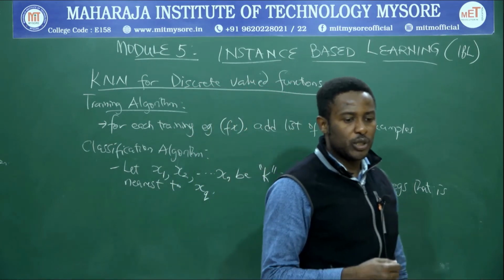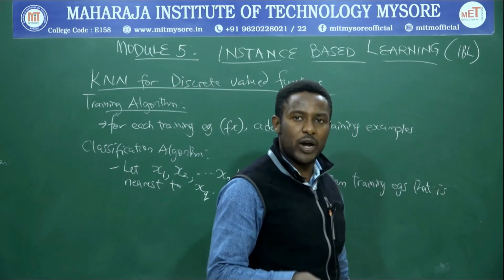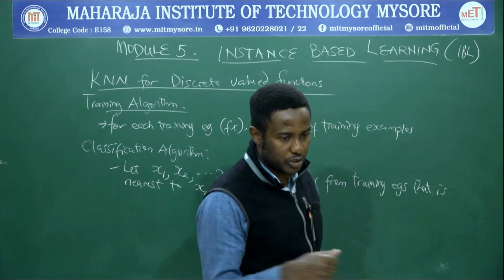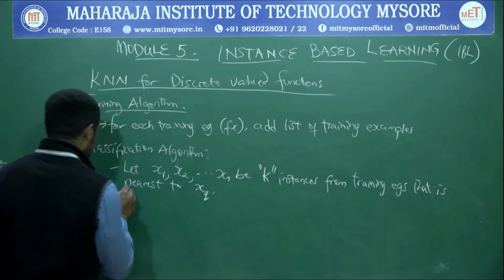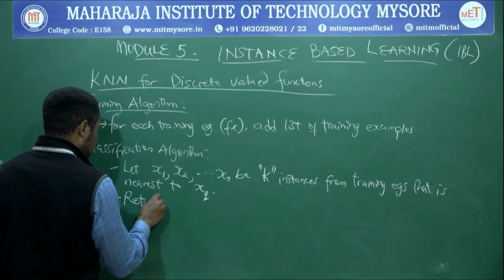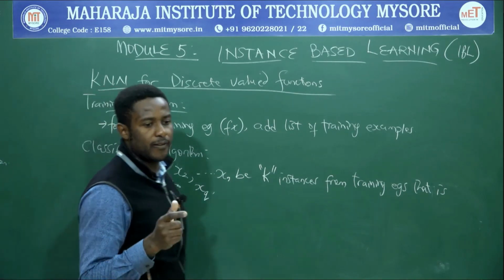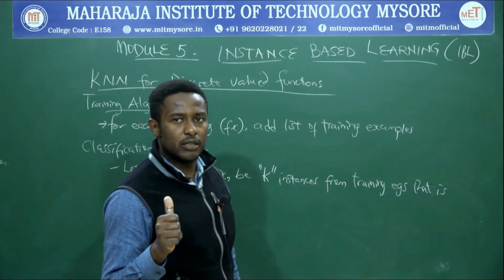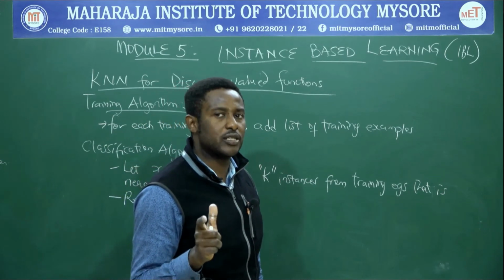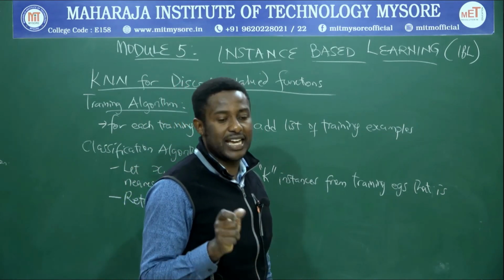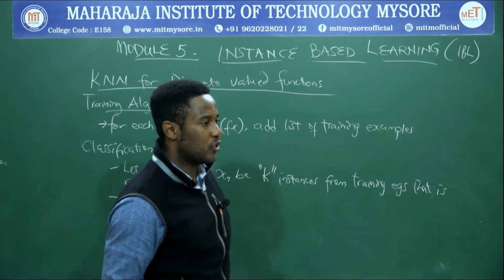So now you return the one which has the majority voting. The function should return the instance that has the highest voting. So that makes sense.